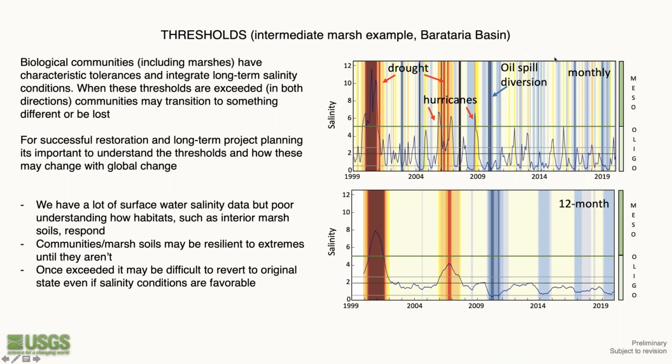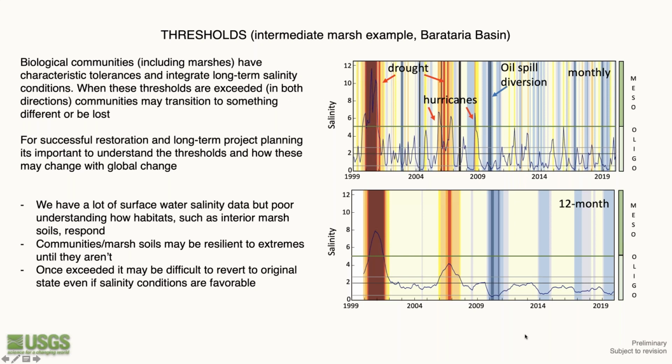And the green line is the toggle between a brackish community and an intermediate community. And you can see that in both the 1 month and the 12-month CSI, there's a period in 2000 when the salinity exceeded that 5 parts per thousand threshold.